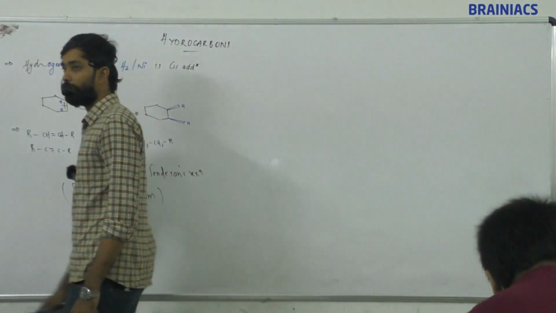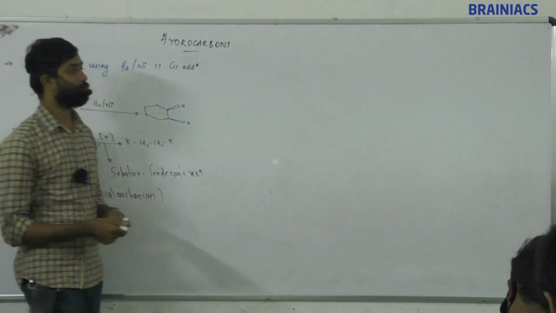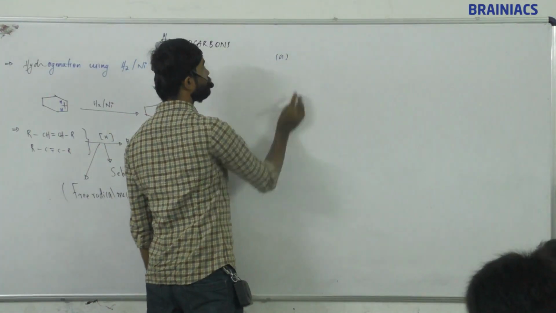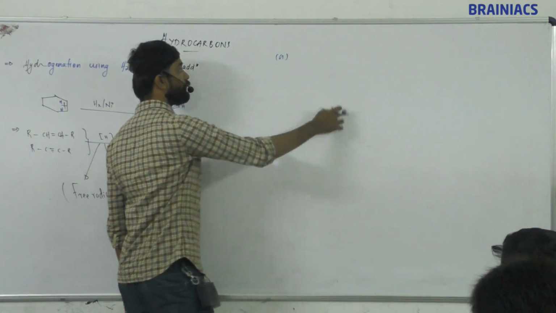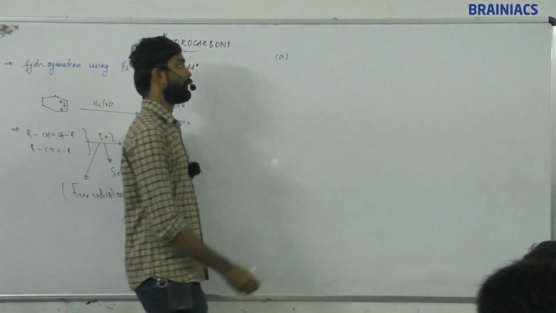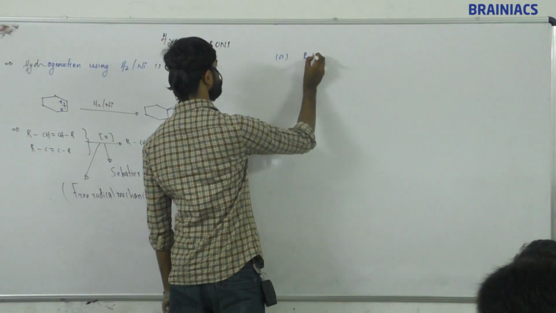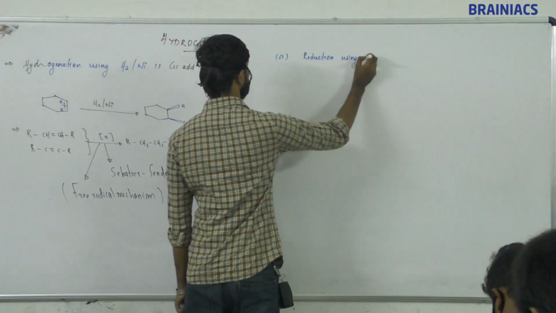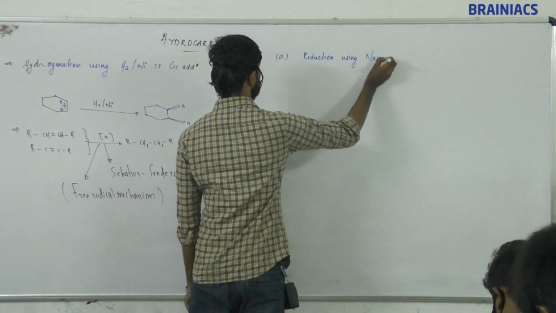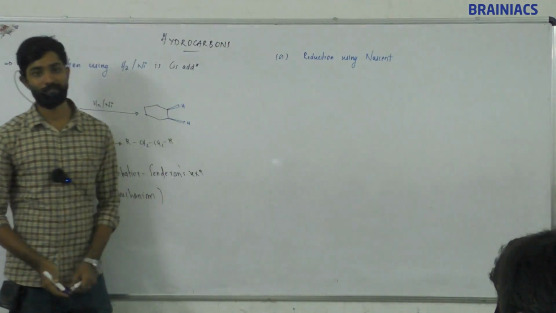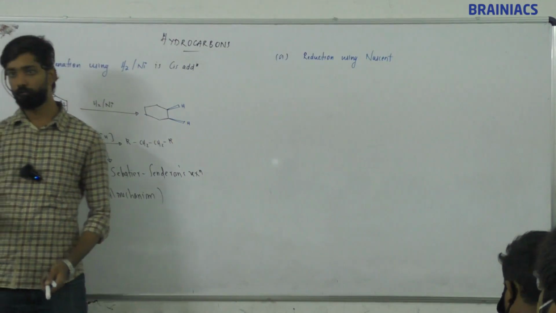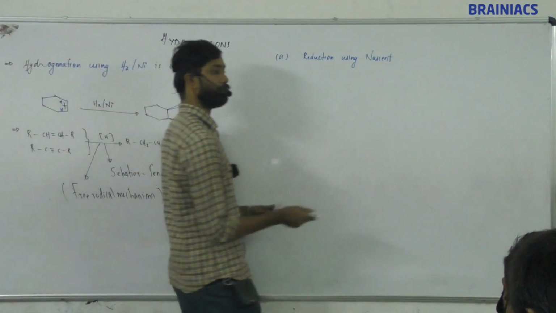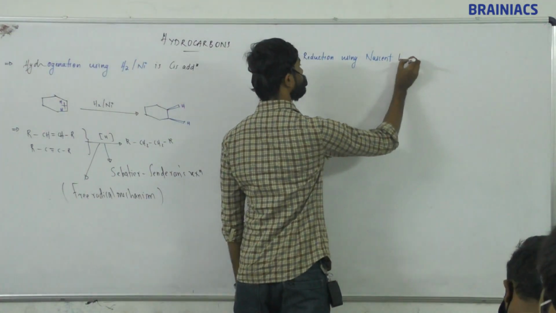Okay. Number 1, from alkyl halide RX, the first method, reduction using nascent hydrogen. Nascent hydrogen, you know, newly formed hydrogen. Okay, newly formed hydrogen.